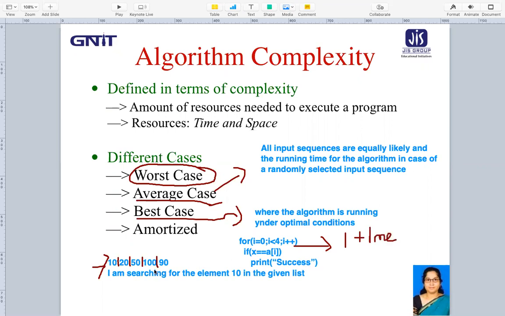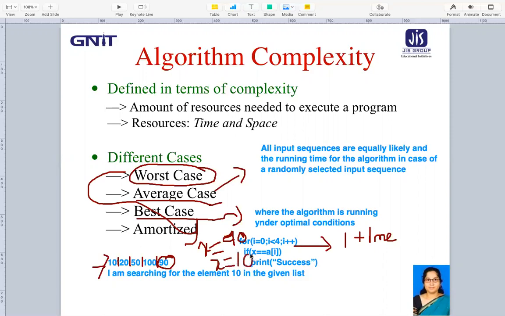While for the same case, if I'm searching for the element 90, that is x equals 90, this loop is going to run 4 times. So this is the difference between the best case and the worst case. If x equals 90, that belongs to the worst case scenario. If x equals 10, it belongs to the best case scenario.